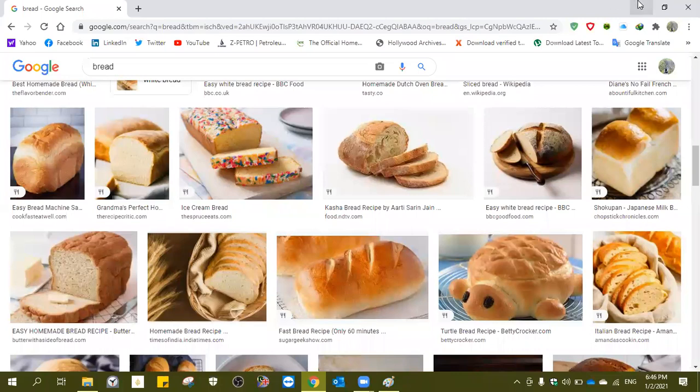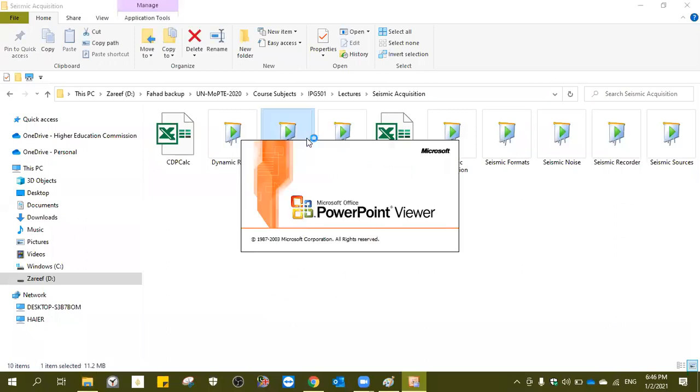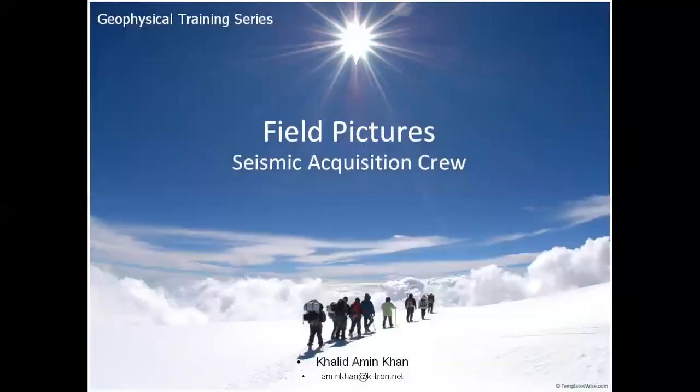So these are basically three types of steps in the different exploration methods, all right.